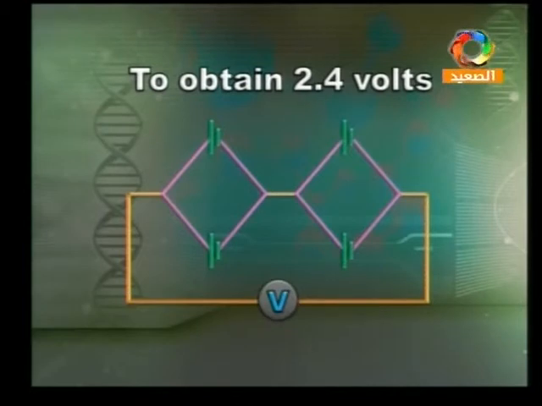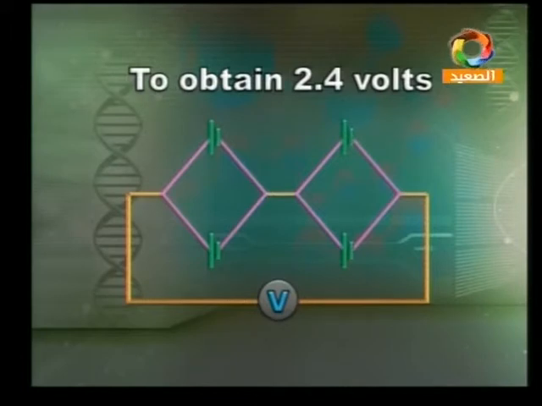I have two cells connected in parallel connection to get 1.2 volts. They are parallel to each other on one side, the left side, for example. And I put the other two cells with parallel connection also. Then I connect the two sides, the left side and the right side, in series to each other.